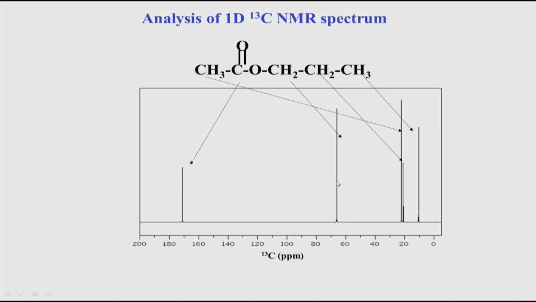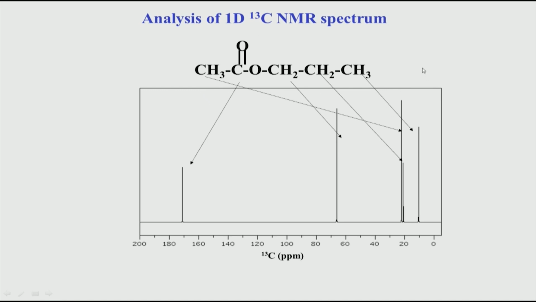This is also something which we saw in the proton in the beginning, that the C-O group comes somewhere between 60 to 70. Now, if I record a proton spectrum, which is not shown here, that proton also, remember, was coming around 4 to 5 ppm because of this oxygen electronegativity. So, this is how we can assign for this particular example.